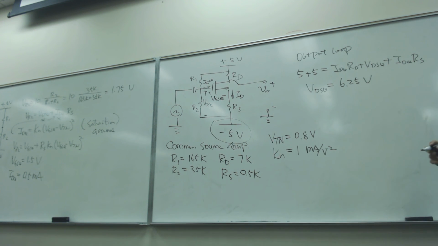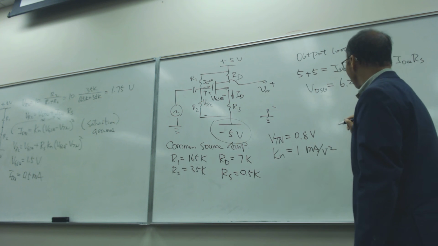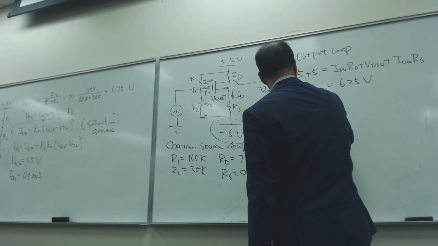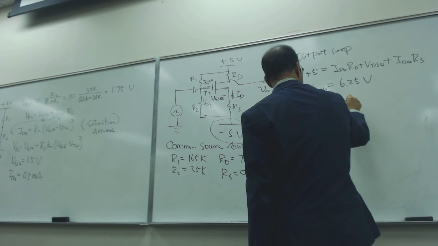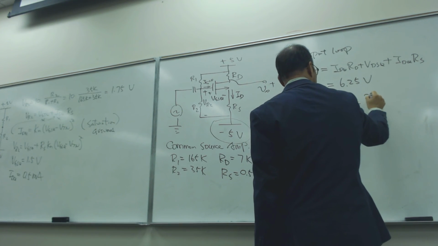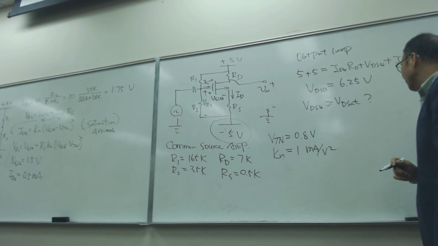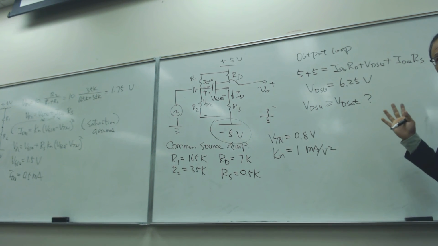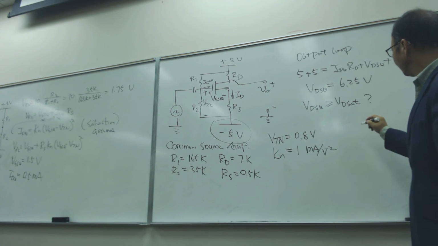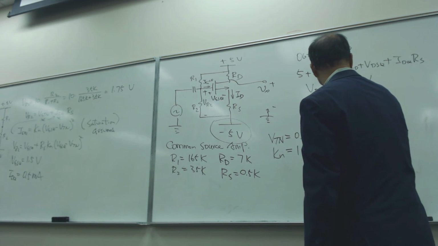So now I have to verify the assumption. The question now is: is VDSQ larger than or equal to VDS set? If the answer is yes, then our assumption was correct. So what is VDS set?